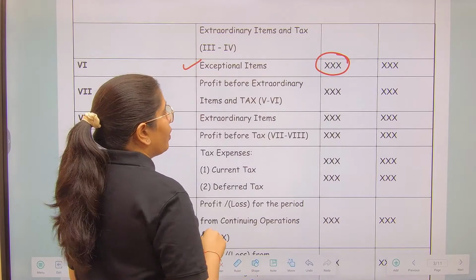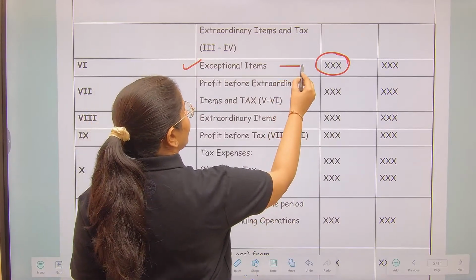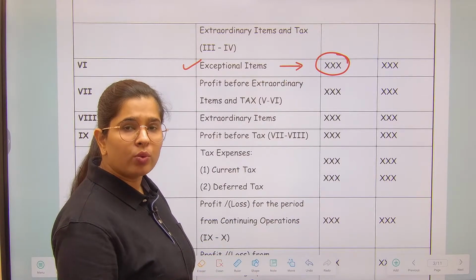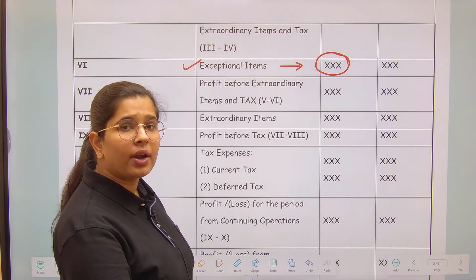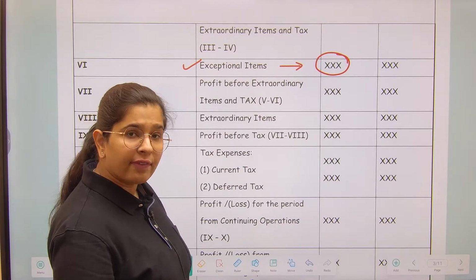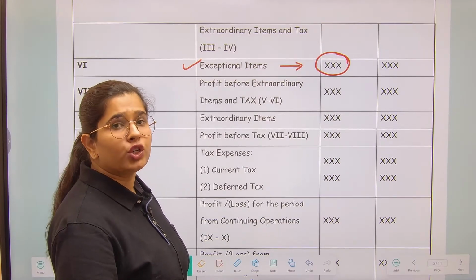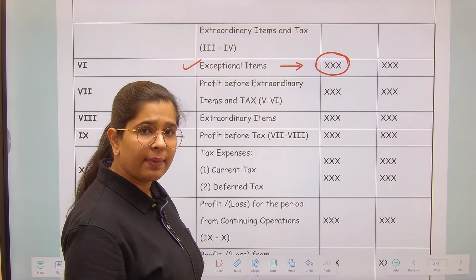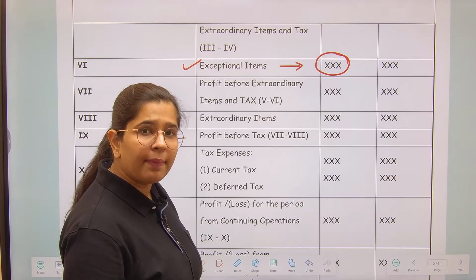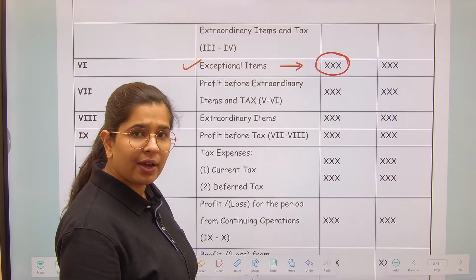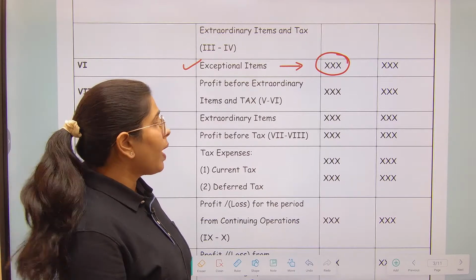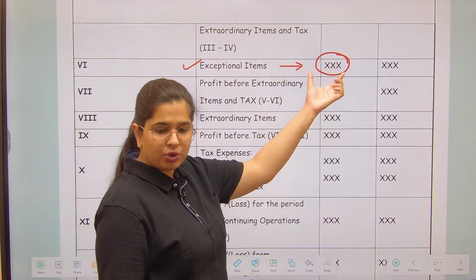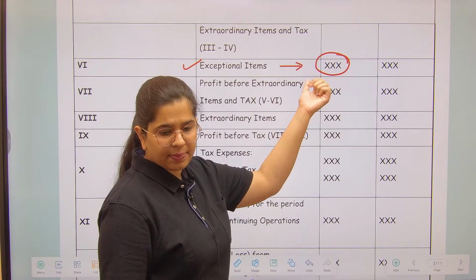Because if you have done a mass layoff, then you have to pay some amount to your employees, right? What you had to pay normally, you have to pay extra because you are removing them before time, through no mistake of theirs whatsoever. That extra amount is your expense that you need to show here as an exceptional item.